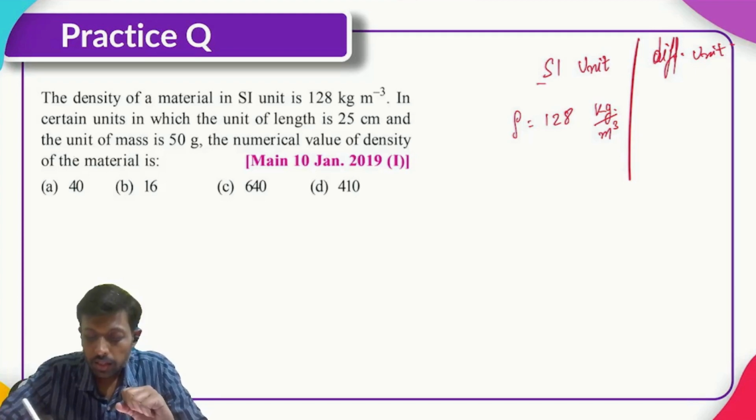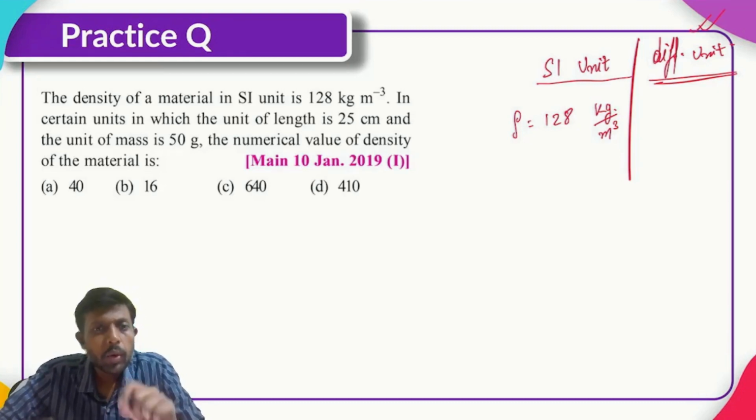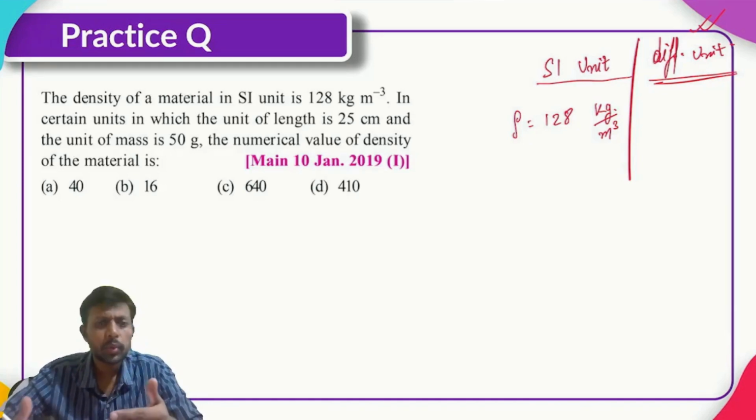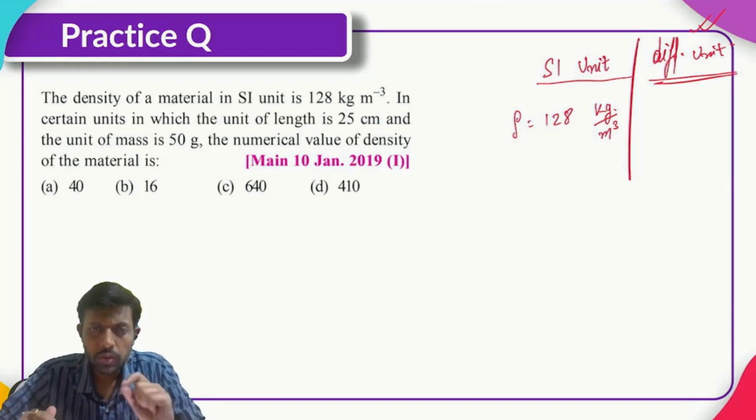So they're asking what is the value of density in this other system. Now we can do this through dimensional analysis, but that we haven't studied till now. We can do it without that also. So let's try that method.